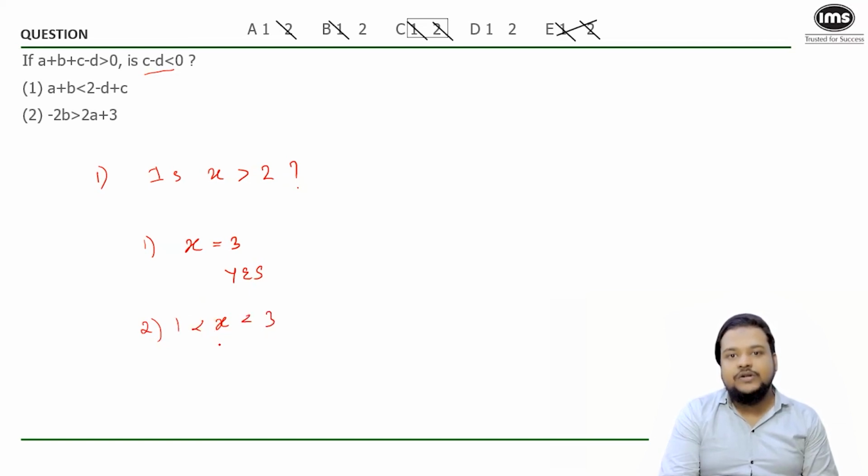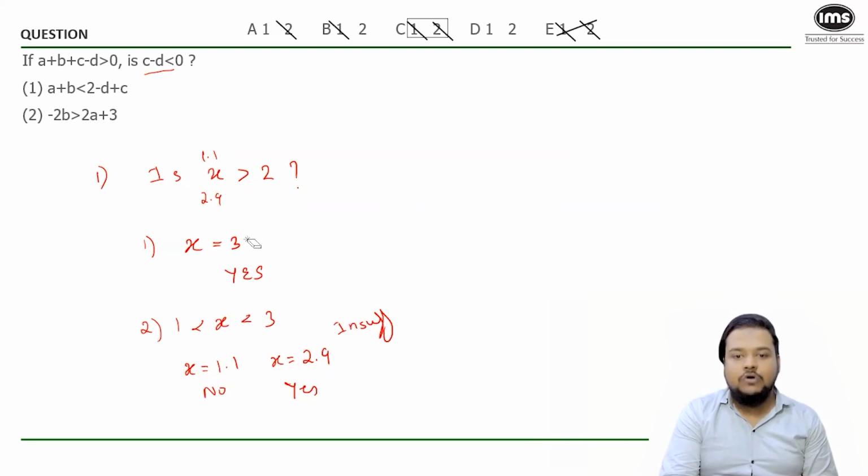Is statement 2 sufficient now? If I assume the value of x to be 1.1, is 1.1 greater than 2? The answer is no. But if I assume the value of x to be 2.9, is 2.9 greater than 2? The answer is yes. A no and a yes means the statement is insufficient.